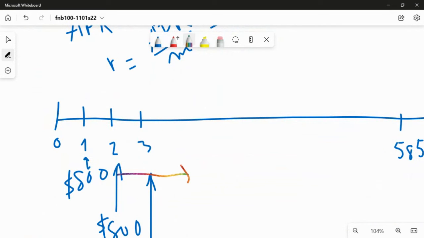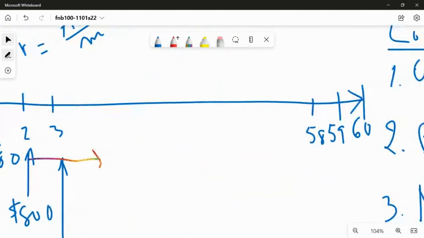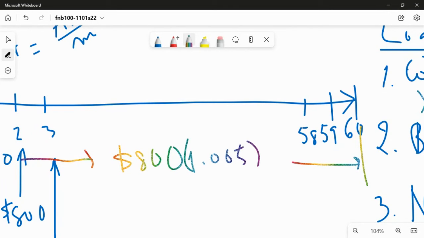By the end of this time period, by the end of 60 months, it's going to become 800 times 1.005 raised to 59, to the 59th power. Isn't that right? Because we're not starting from time 0, we're starting from time 1.